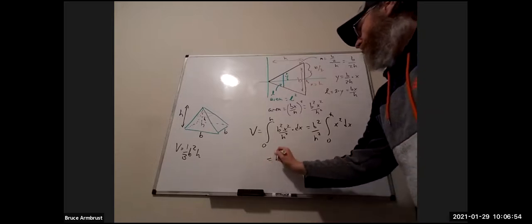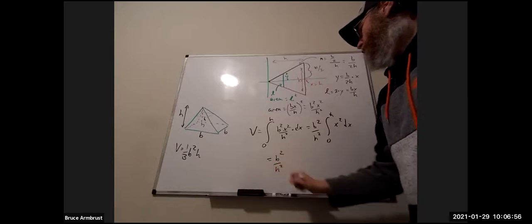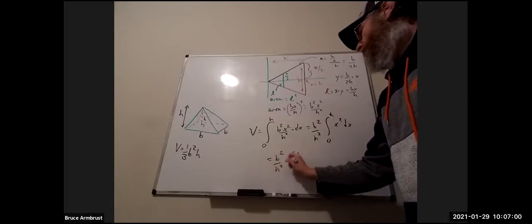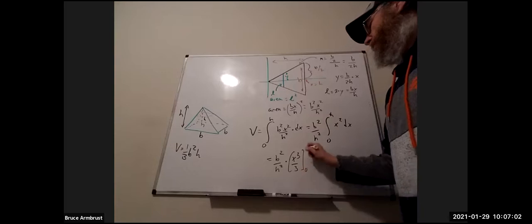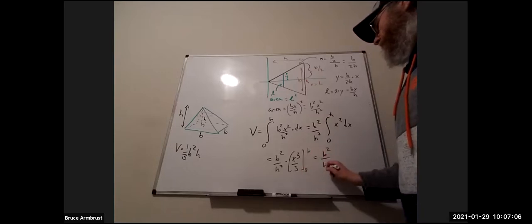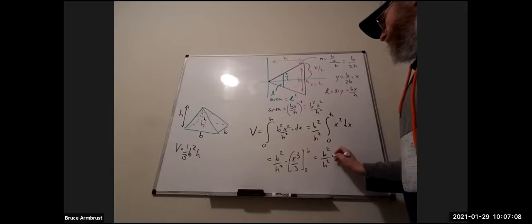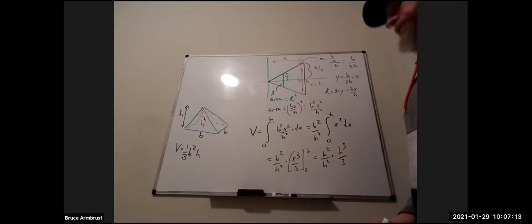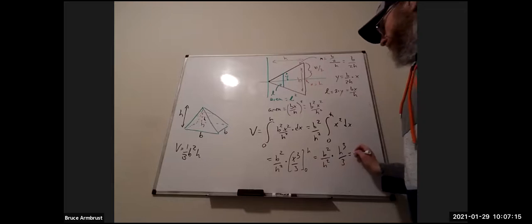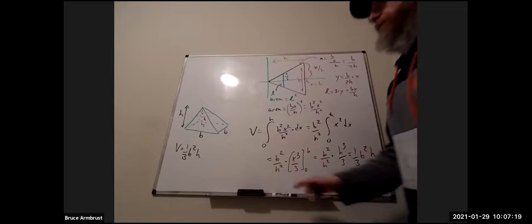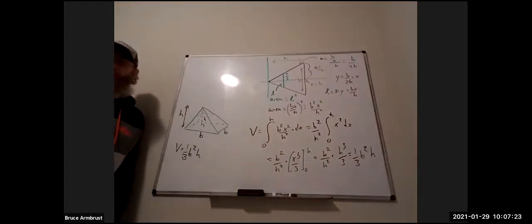So this is going to be b squared over h squared times x cubed over 3 evaluated at 0 and h. Well, that's b squared over h squared times h cubed over 3. Cancel some h's. And we get that infamous formula, volume equals 1/3 b squared h.